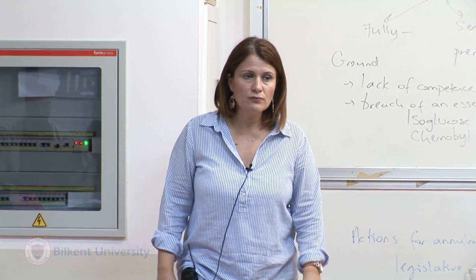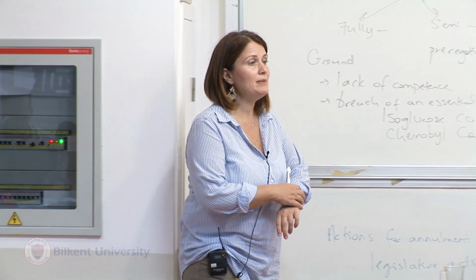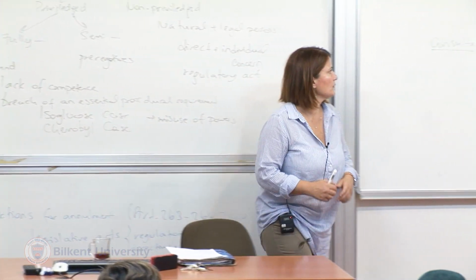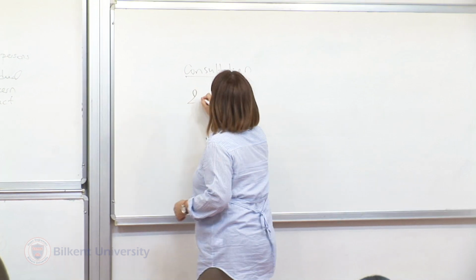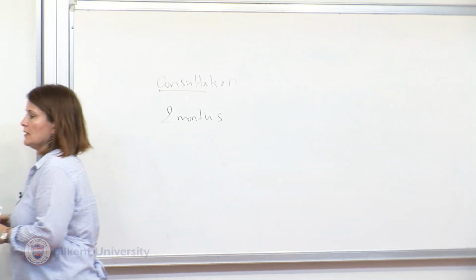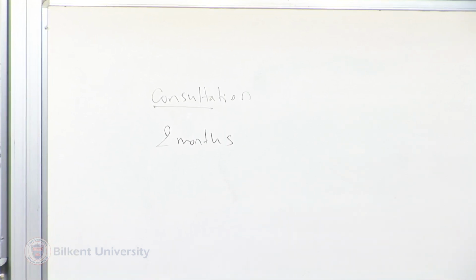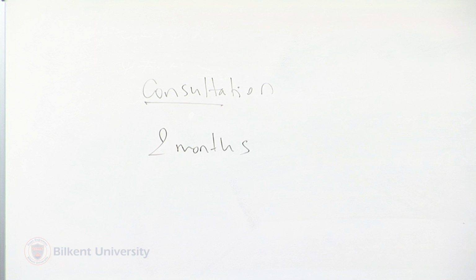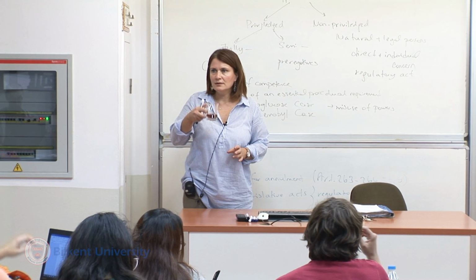The actions for annulment has a time limit. And it is 2 months. When does it start? The time limit. The 2 months.